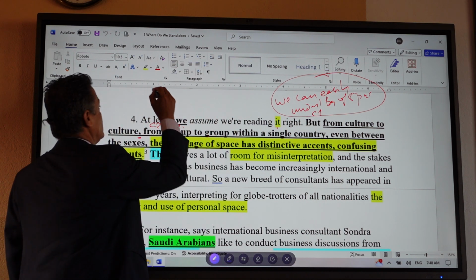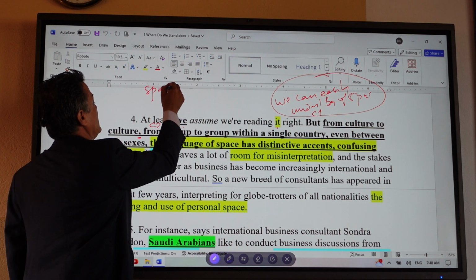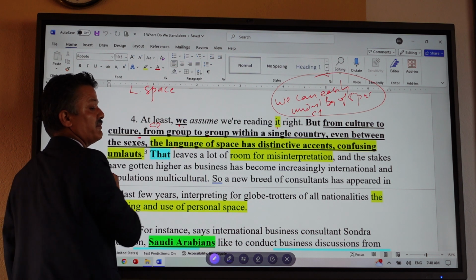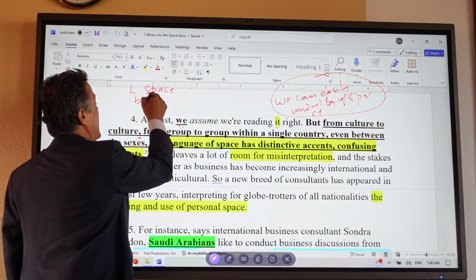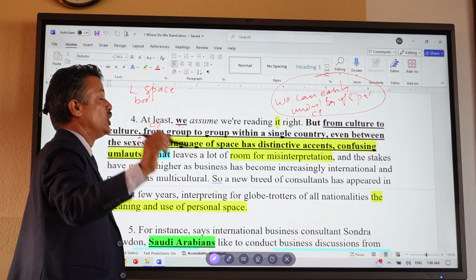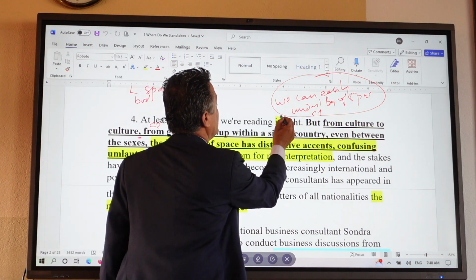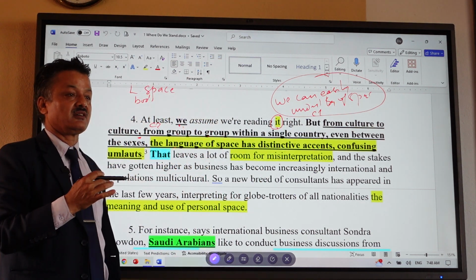And remember, in the second paragraph, Davies used the word language of space for the first time. In the third paragraph, Davies used the word body language. At the end of the third paragraph, Davies said, we easily understand body language and language of space if we have same culture.